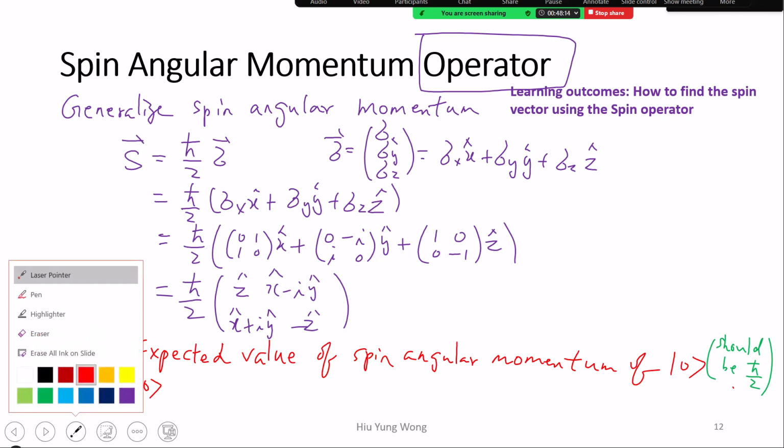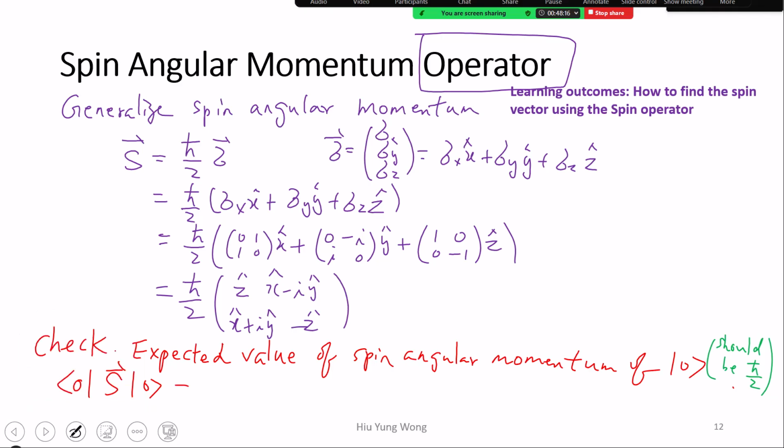So let's do the computation. This equals 0, which is what? 1, 0, right? And then you go through this long math. H bar over 2, z hat, x hat minus i y hat, x hat plus i y hat, negative z hat, and then 1, 0, right? I won't go through it step by step, but look at this. This one multiplied by this one equals z, because this one times 0.